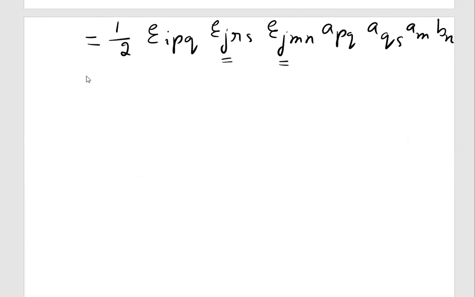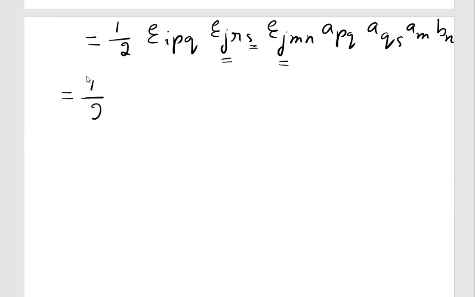J is coming for two epsilons. So we can use epsilon delta identity for these. Now to use epsilon delta identity, I want this j to be in the third place. So what I do is I'll just shift that here.